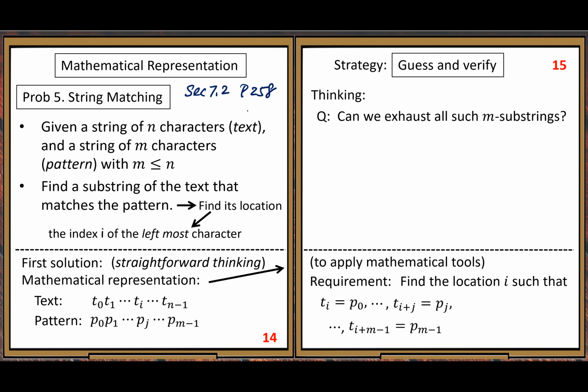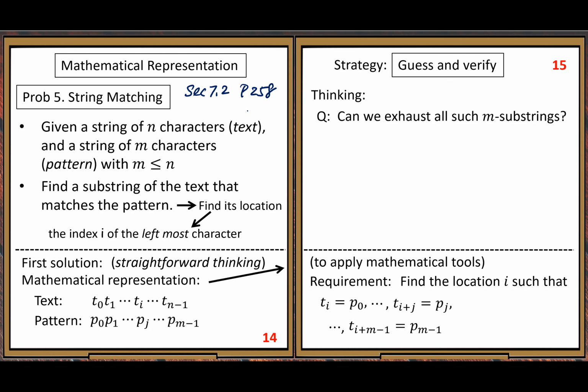The question: can we exhaust all such m substrings? In a given text, we only need to consider m consecutive characters. So we need to consider m consecutive characters in the given text.